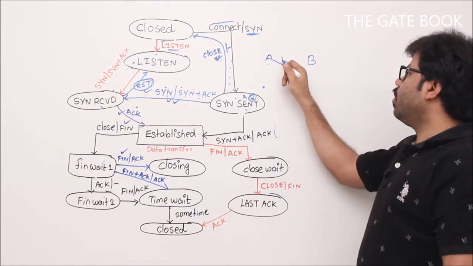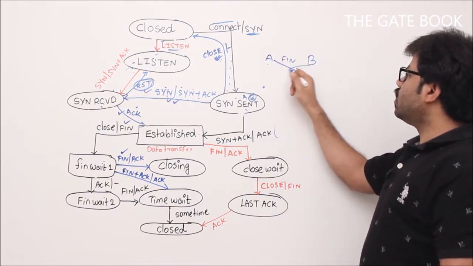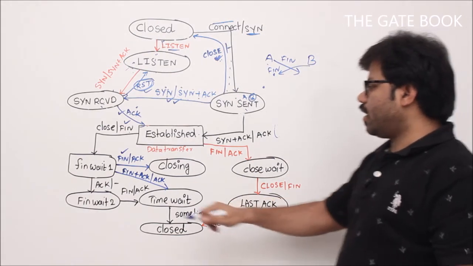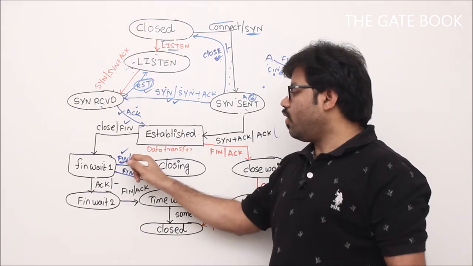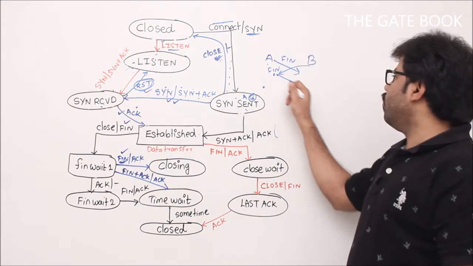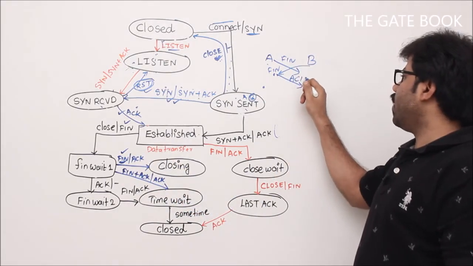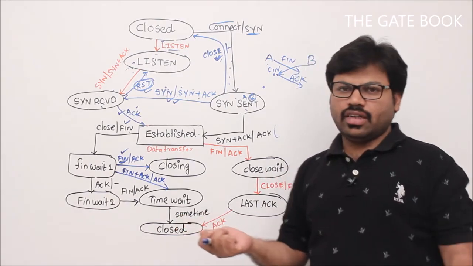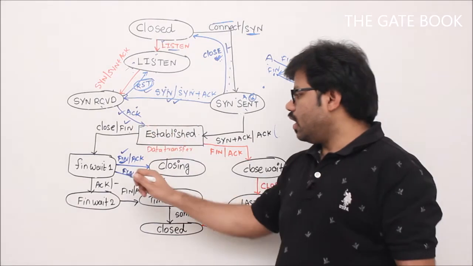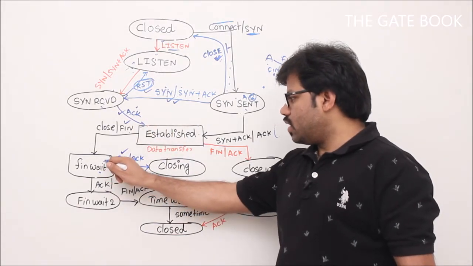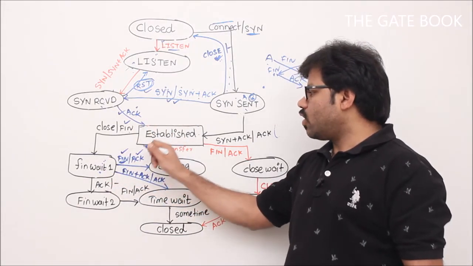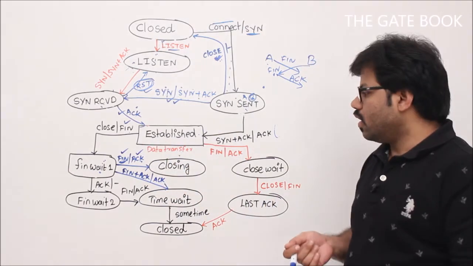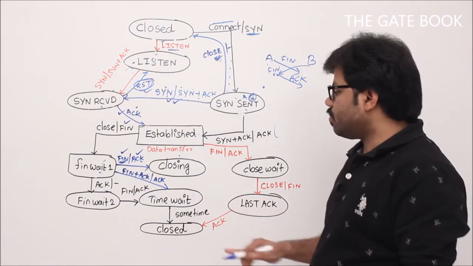So A sent a FIN packet, B also sent a FIN packet. Now what are you going to do on seeing this FIN packet? If you get FIN, then immediately we have to accept it. That's why we send an acknowledgement saying yes, no problem, we can disconnect. So whenever you are in FIN wait 1 state, if FIN comes, send an acknowledgement for that and go to closing. That means now you are closing it. So remember that one.